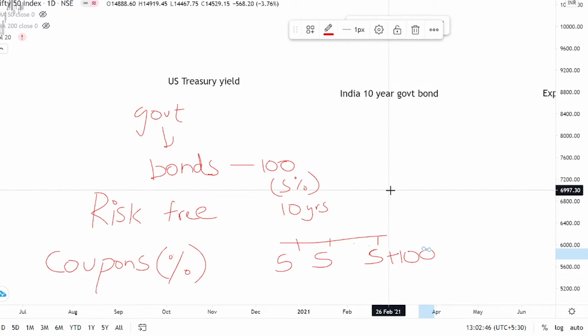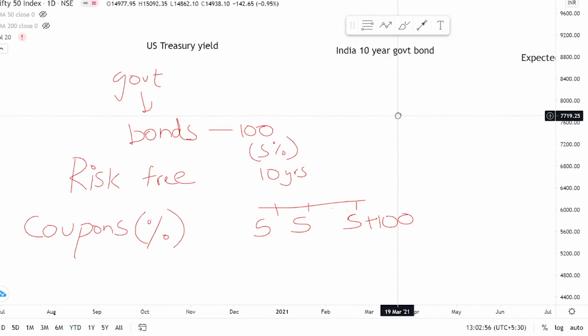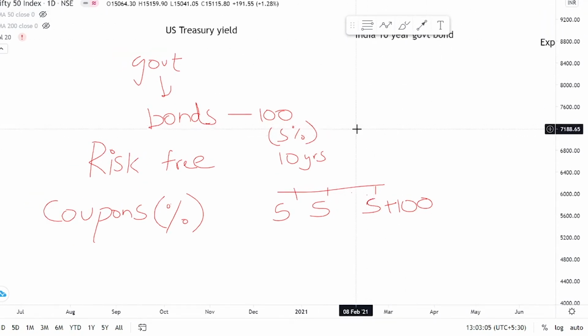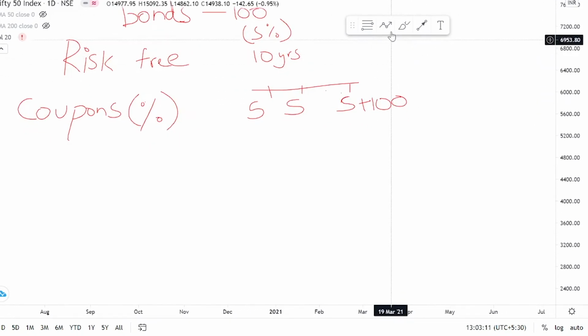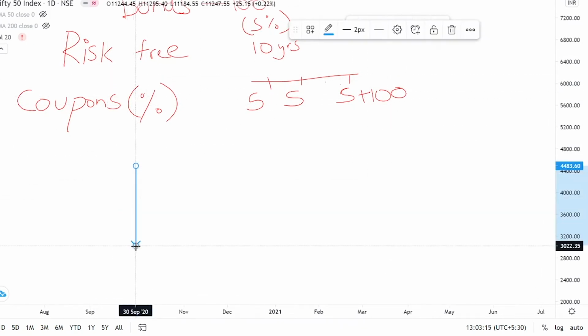Now this was the working of bonds, and how do these bonds affect the stock market and the prices in the stock market? So when the government wants economic growth, it decreases the interest rates, which means the interest rates go down.